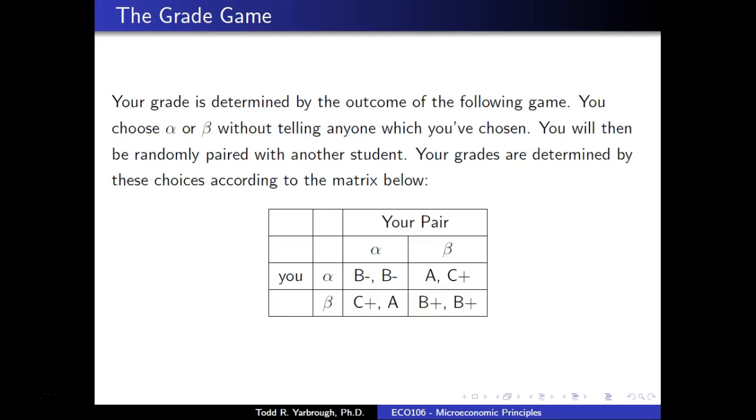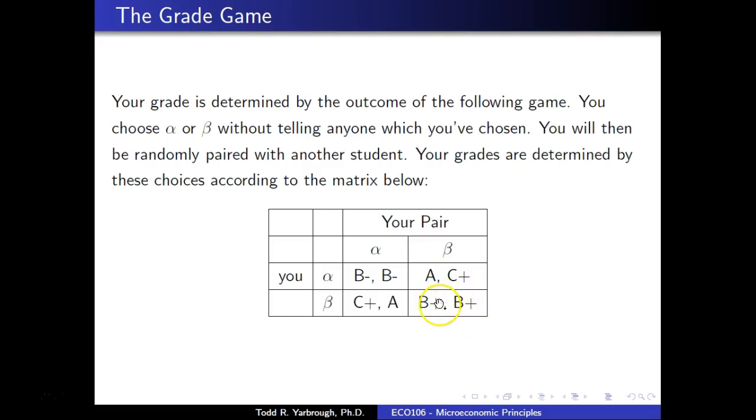Generally speaking, the only reason you pick beta is if you think the other player is going to pick beta. But here, because there's this chance for both players to make A's when they think the other player is going to pick beta by choosing alpha, and on top of the fact that you open yourself up to that same risk by picking beta, this is why the alpha-alpha outcome would be considered the Nash equilibrium, and the beta-beta outcome would be considered a potential collusive outcome.